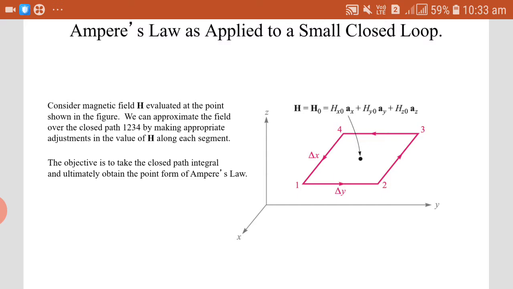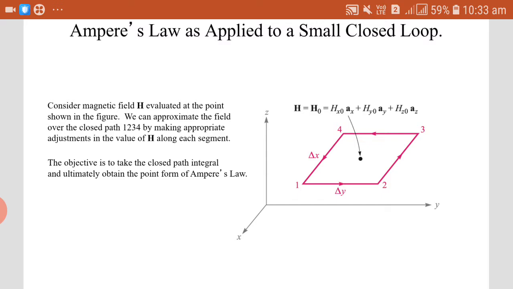H at that point is given by H0 = Hx0 Ax + Hy0 Ay + Hz0 Az, and along the path 1 2 the length is delta y, along the path 1 4 it is delta x, that is a differential length.